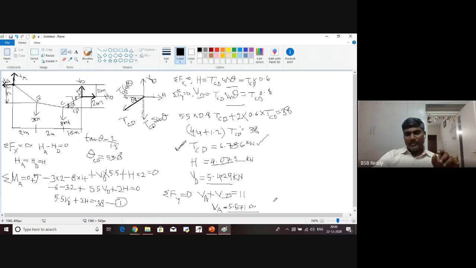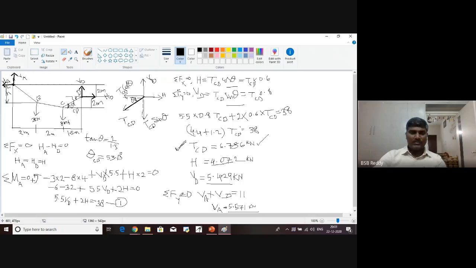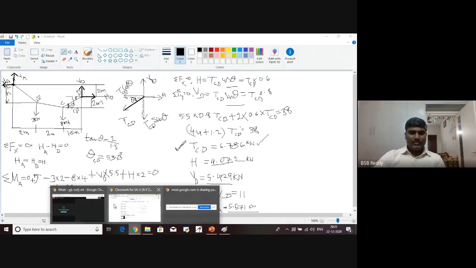Okay, right? So we will proceed further to the next steps, like how to calculate TAB and theta, how to get H value, and then how to get the other unknowns, like the tensile forces in the other segments. Okay, right. Thank you.